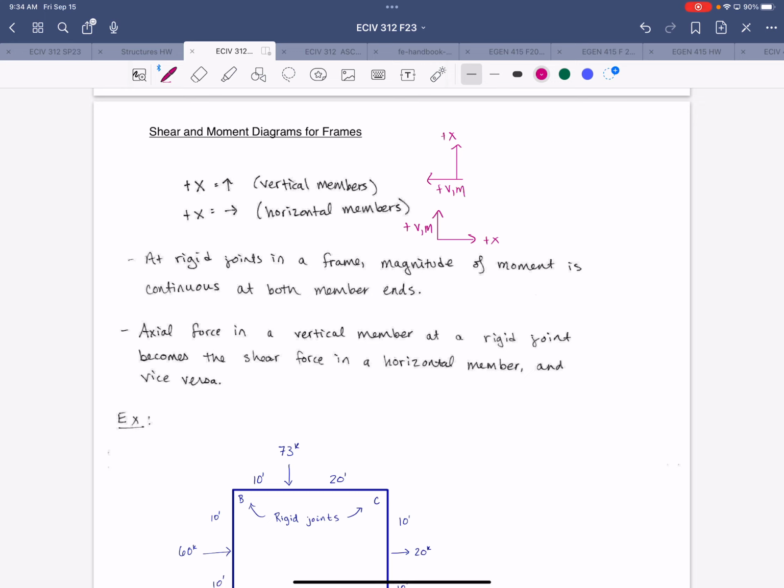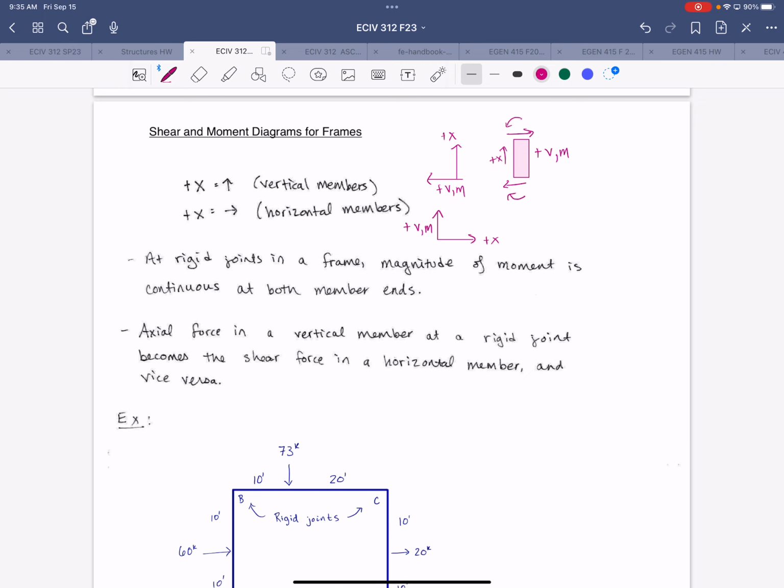Right, so then it follows that your sign convention for vertical elements will be also rotated 90 degrees counterclockwise. So that's your positive shear and moment for positive x upward, right?